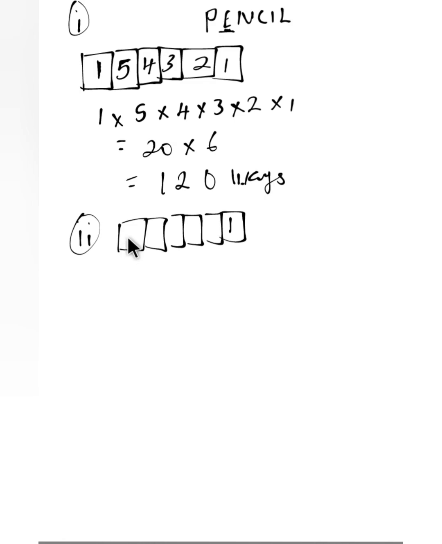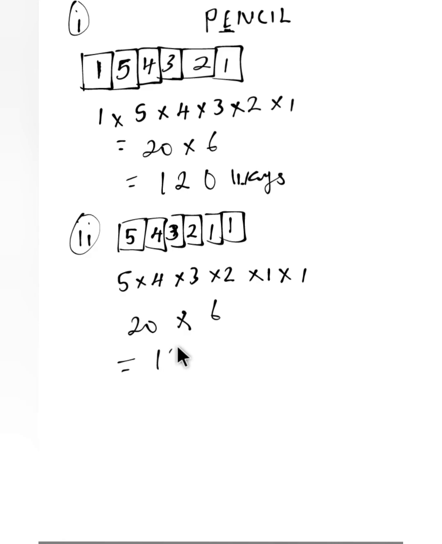Out of the 6, which all can appear here, 1 is here already, so here will be 5, 4, 3, 2, and 1. So we multiply 5 times 4 times 3 times 2 times 1 times 1. 5 times 4 is 20. 3 times 2 is 6. 20 times 6 is 120 ways.